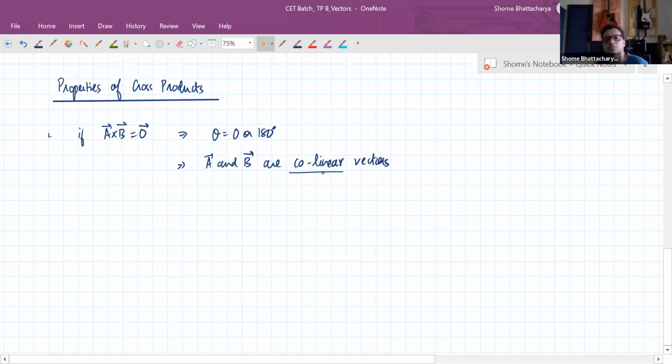So what does the term collinear mean? That they are either parallel, that is theta equal to 0, or anti-parallel, theta equal to 180 degrees.